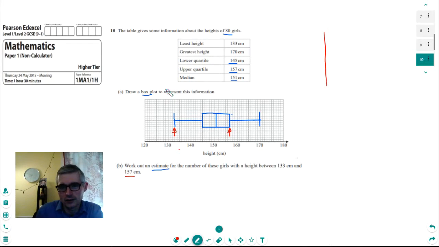We could say, okay, we've got the least value here, then we've got the lower quartile, I'll call that LQ, then we've got the median, then we've got the upper quartile, and we've got the largest value as well, so the greatest value.